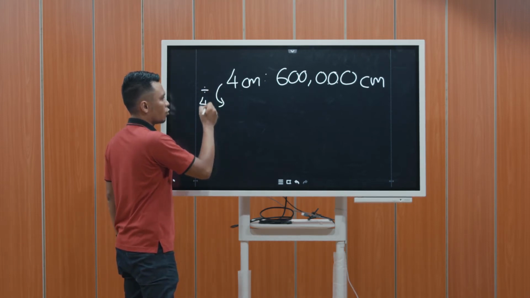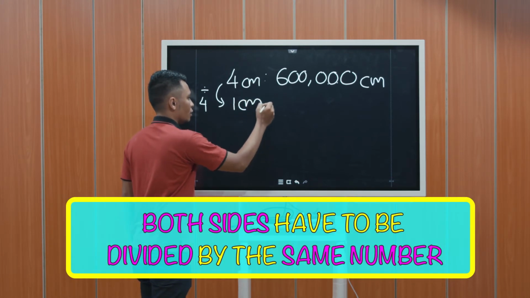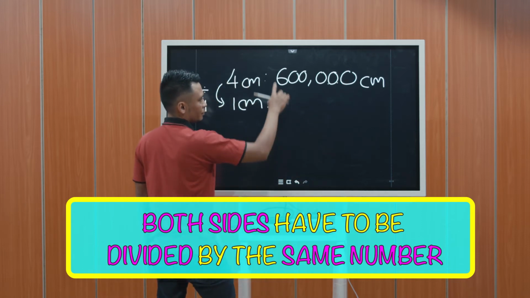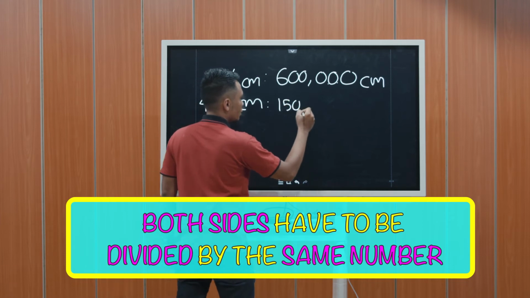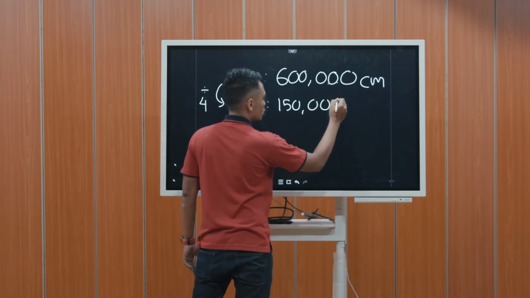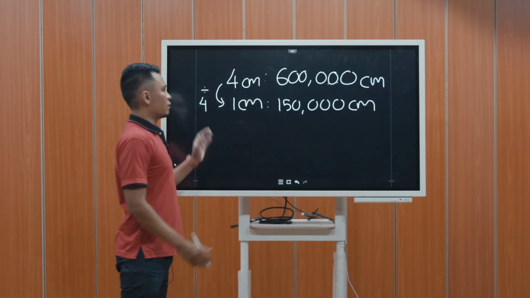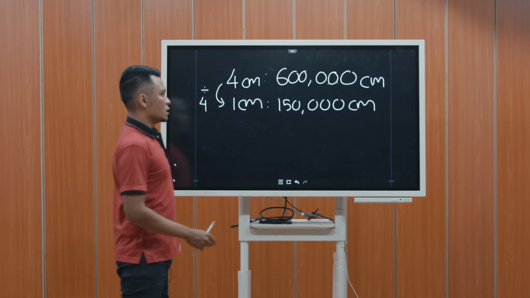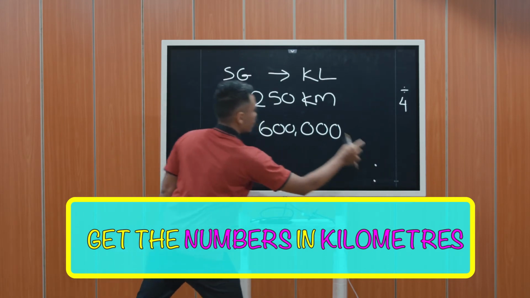Divide by 4. If I divide by 4, I will get 1 centimeter is to 150,000 centimeter. Okay, I divide by 4 in both sides. Second step you need to do is to get this in kilometers, because the question gives you kilometers, right?